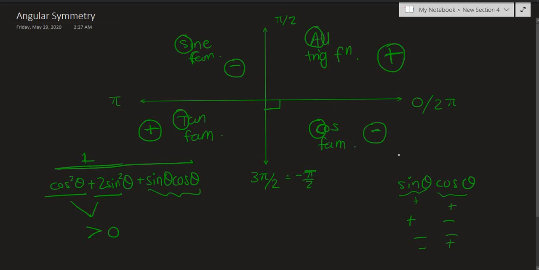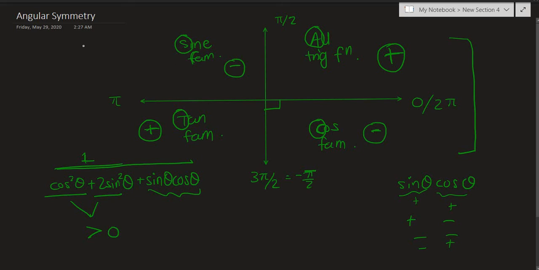So if you think of integration as accumulating some change over an interval, you accumulate some fixed quantity of change from negative pi over 2 to positive pi over 2.